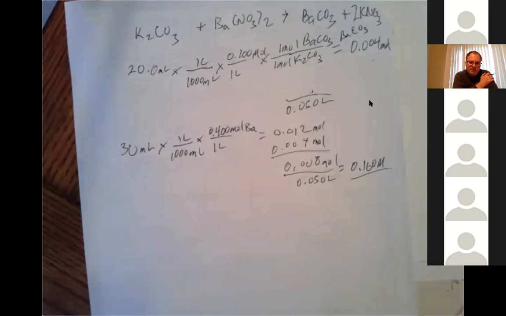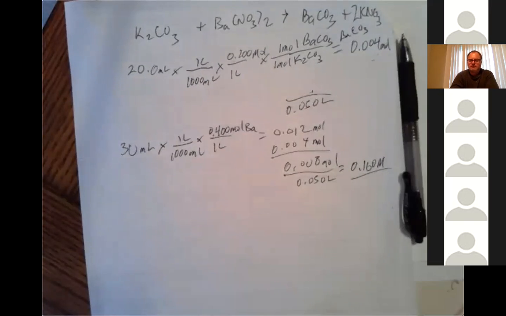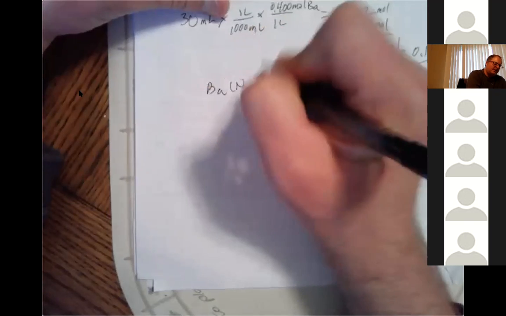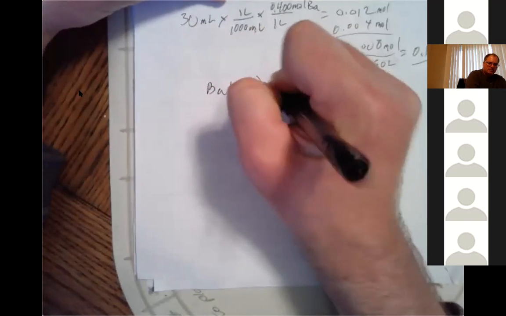Okay, but nowhere in the question does it say that barium ion is part of BaNO3 too. So how do I know that? So your solubility rules state that anything with nitrate is soluble, right?